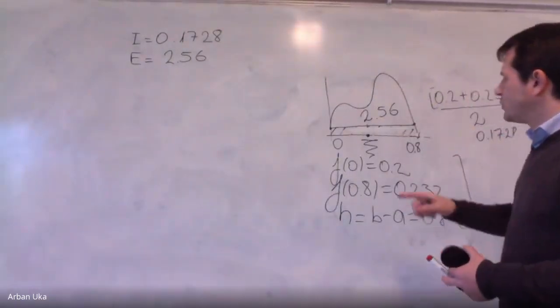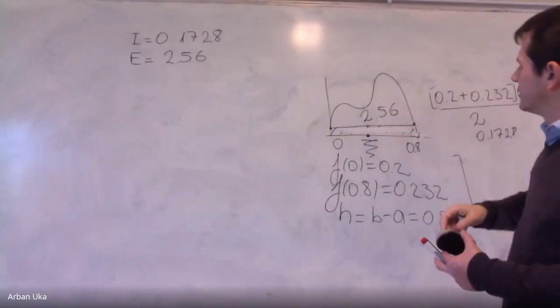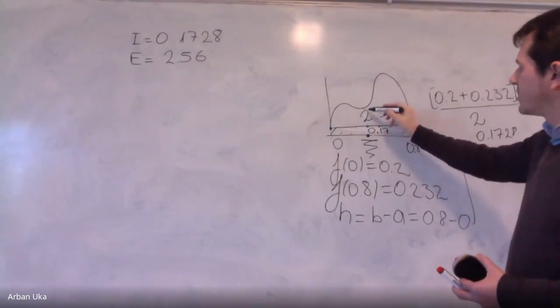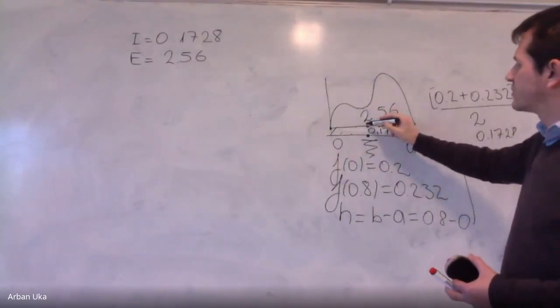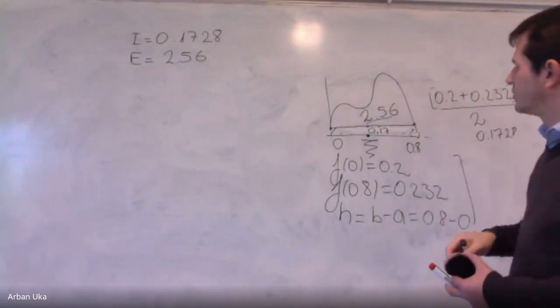What you saw in the previous slide is that we tried to approximate the integral of this function, and we found about 0.17. The error that we calculated using that expression is approximately 2.56, which most probably is this area here on top.